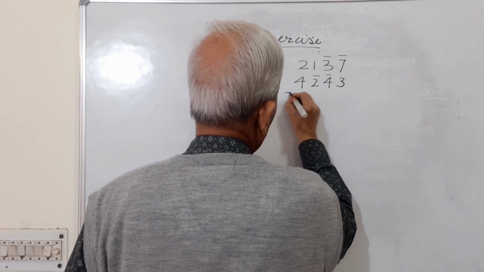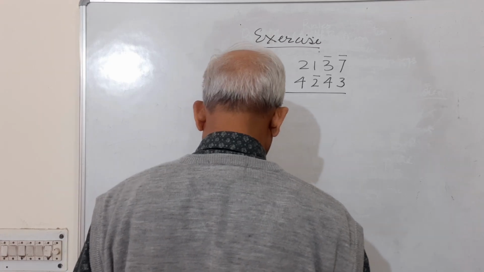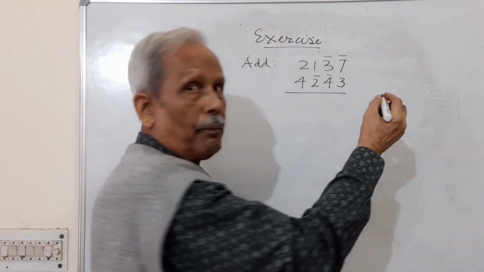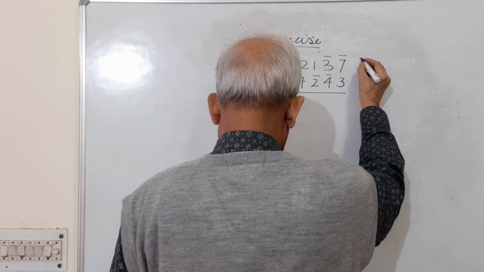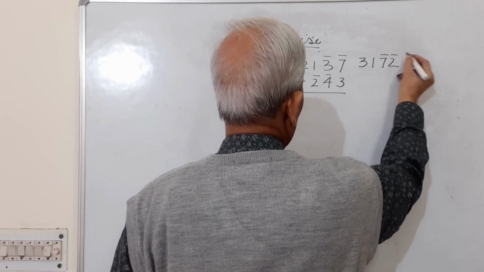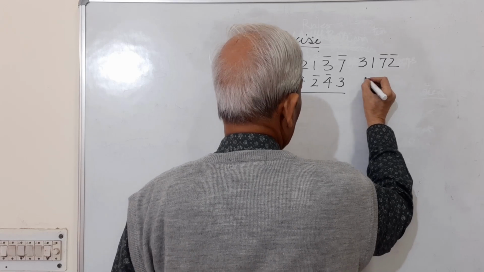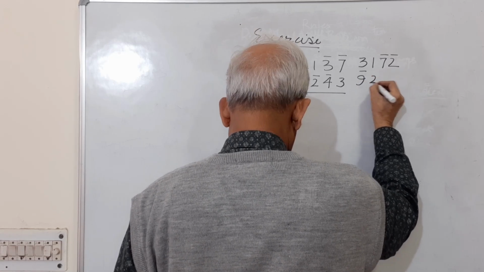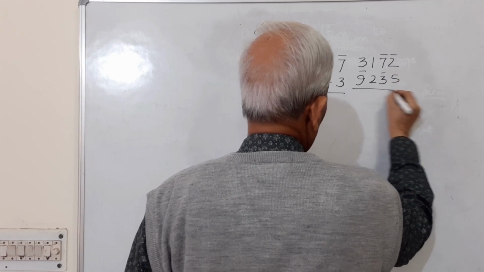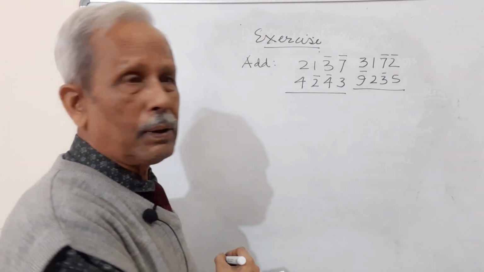Not normal 3. Add this, then add 3, 1, 7, 2 and with 9 bar 2, 3 bar 5. Add these two numbers, right?